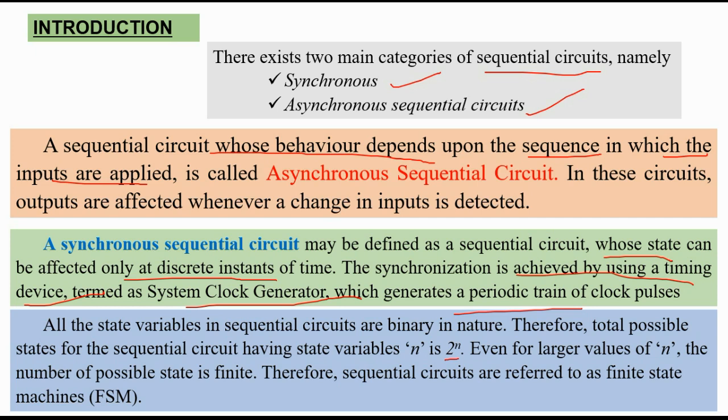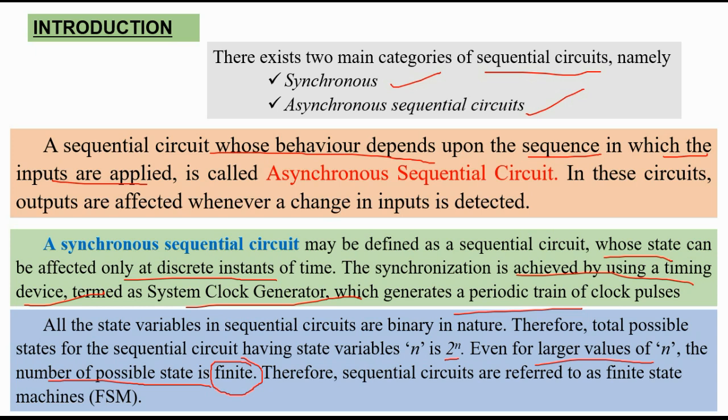So estimating the state of a sequential circuit is the major step in designing finite state machines. Even for larger values of n, the number of possible states is finite. This is an important point. Finite means it's not infinite. n itself is discrete, right?